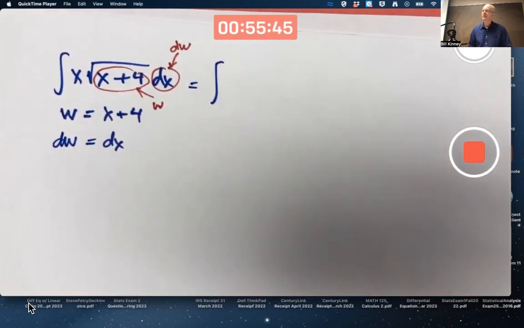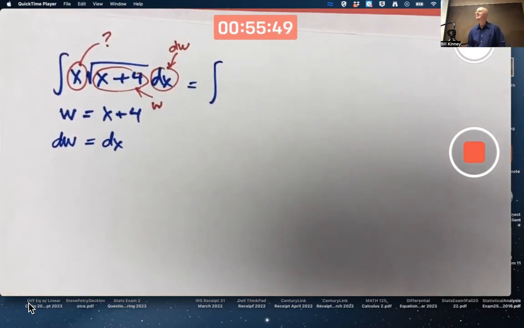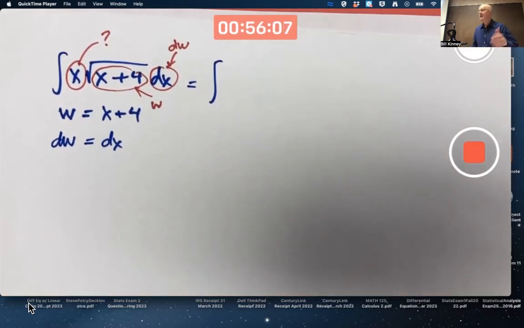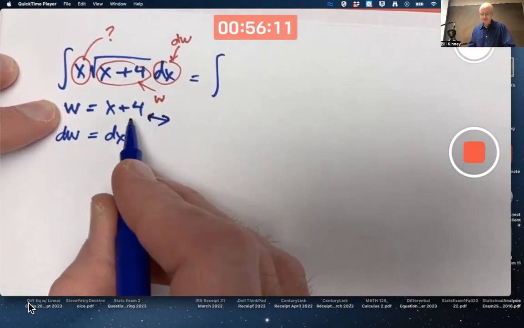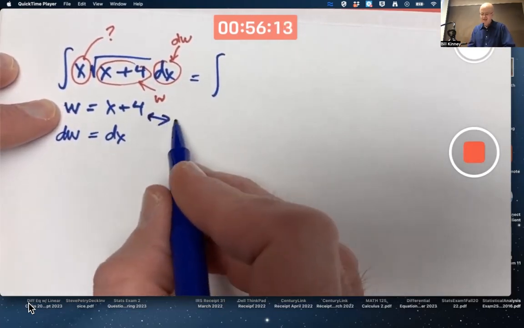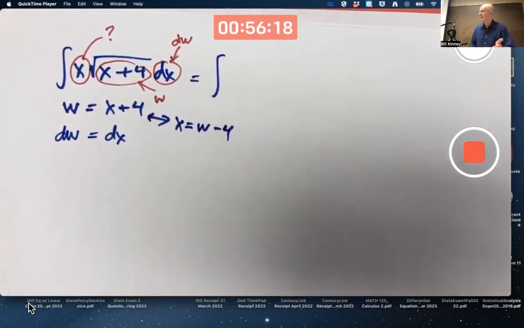But what about that x in the front? What does that get replaced with? Kind of like the only thing you could even try is using this equation again. Solve it for x. Subtract 4 from both sides. That's like the only thing worth trying, it seems.